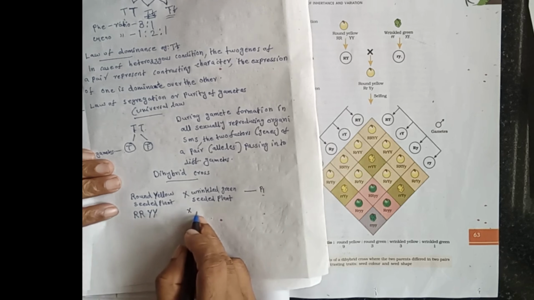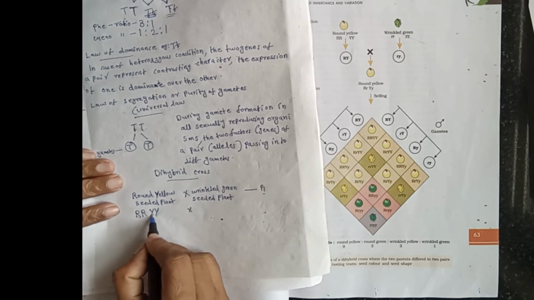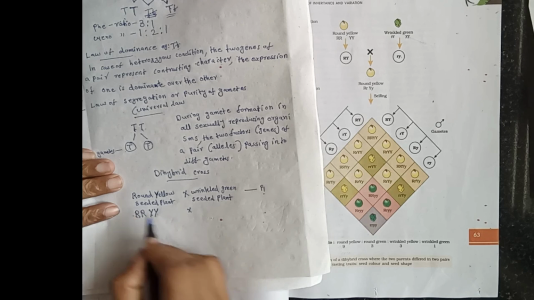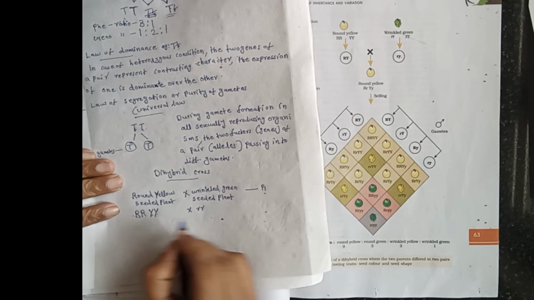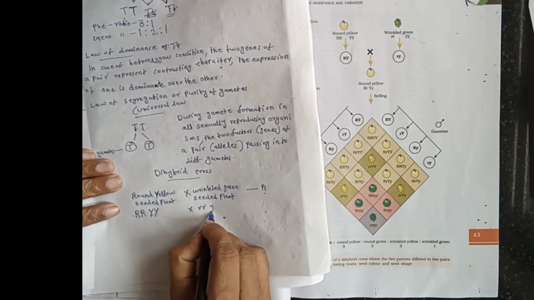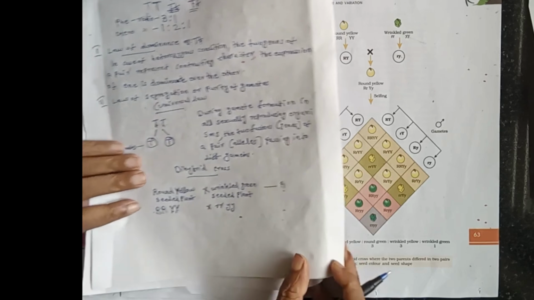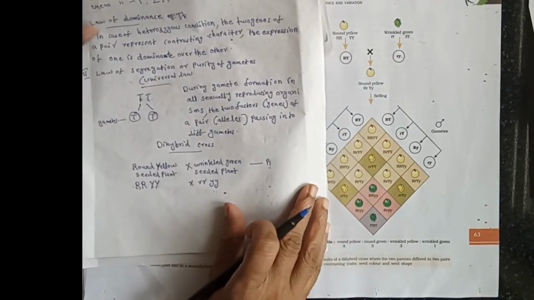In the recessive case we take the small letter of the dominant character, that is small r for wrinkled and small y for green.